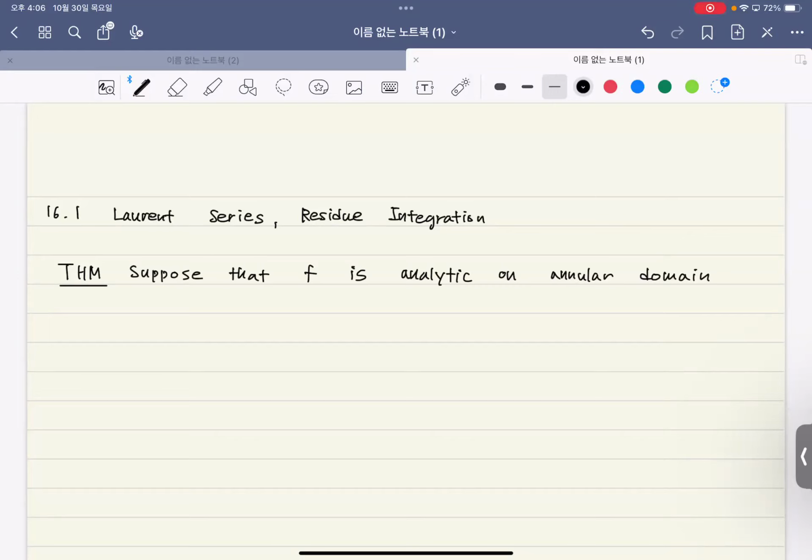You know what I mean by annular. Topologically speaking, an annular domain means a disk with a puncture, a hole inside. So this is what I mean by annular domain.